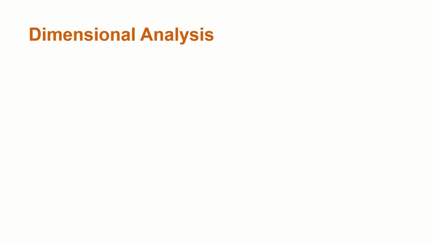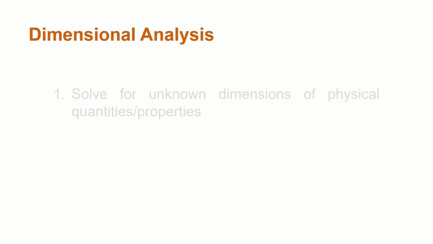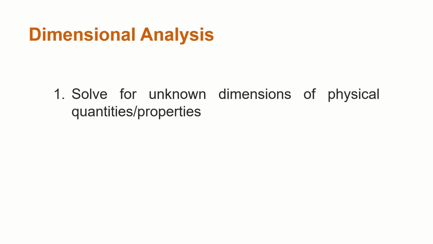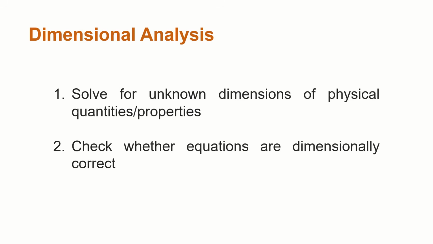So, it is important to learn dimensional analysis because it helps us to solve for unknown dimensions of physical quantities or properties and check whether equations are dimensionally correct. So, for example, we define speed as distance divided by the time.